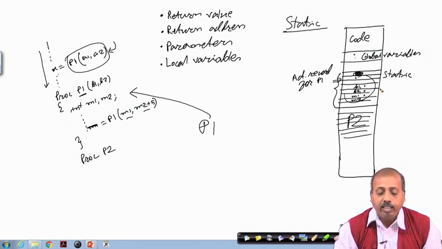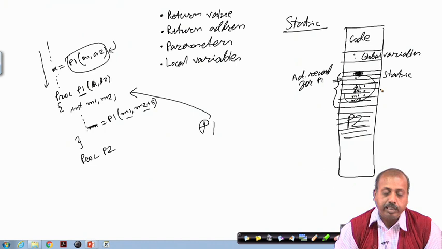That is why this static type of organization of the activation record, though it is very simple in the sense that we know the size of this static section, cannot handle complex situations like recursion. P 1 being a recursive procedure, it cannot handle that situation.